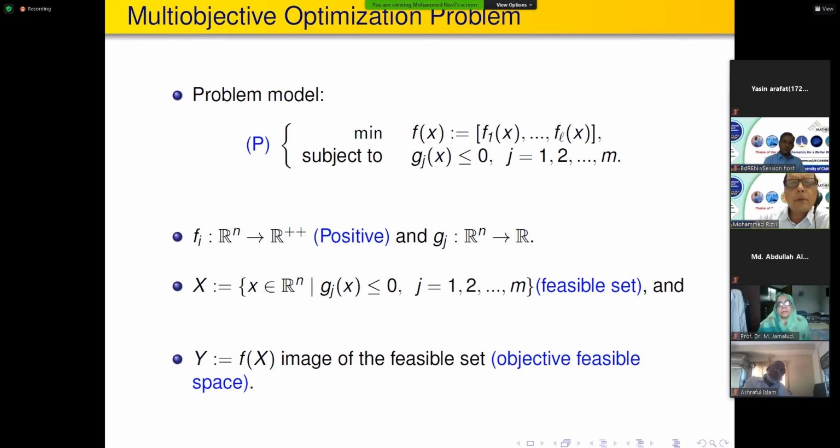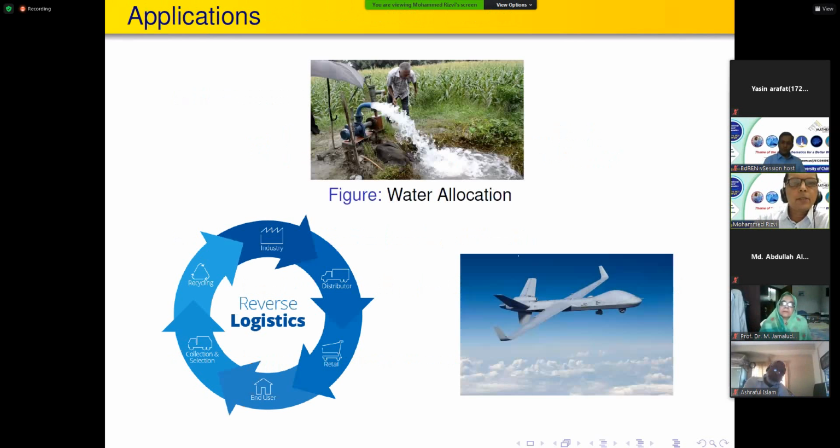So multi-objective optimization problems have a bunch of applications. Here I listed a few of them. The first one is pumping water from the ground. That's the water allocation problem. Sometimes we need to pump water from the ground level and allocate it to the crops.